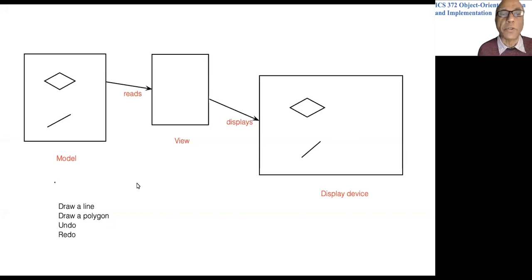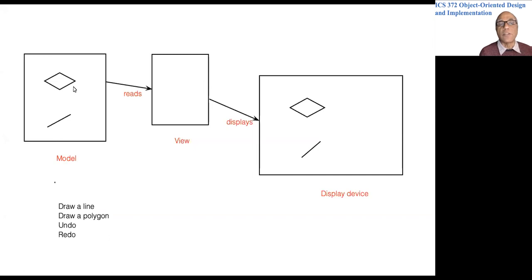Let us see how to undo and redo operations. Assume that we issued these commands: draw a line and then draw a polygon. So what happens is the controller creates a line object and then puts it in the model. Then it creates a polygon object and adds it to the model.